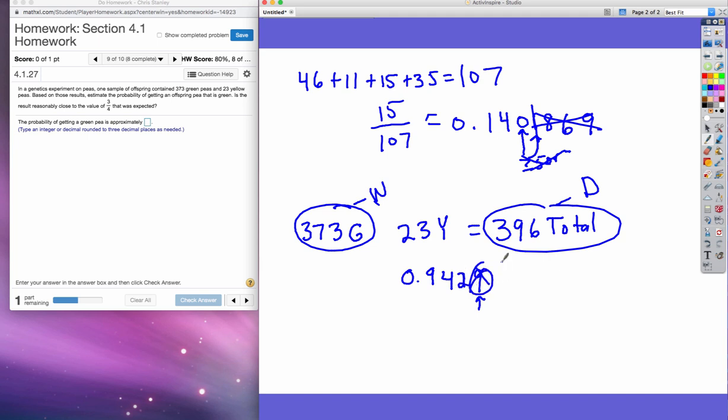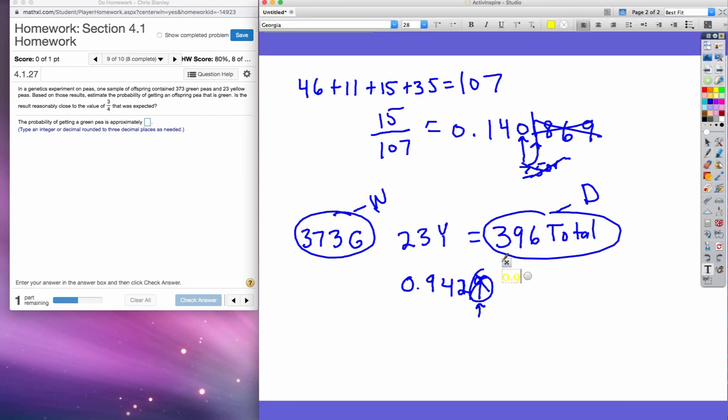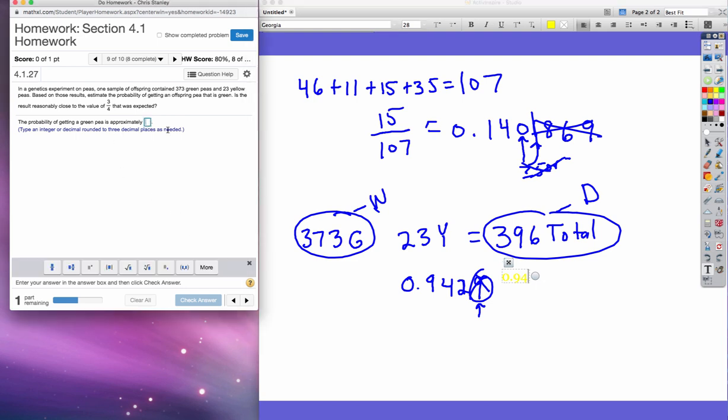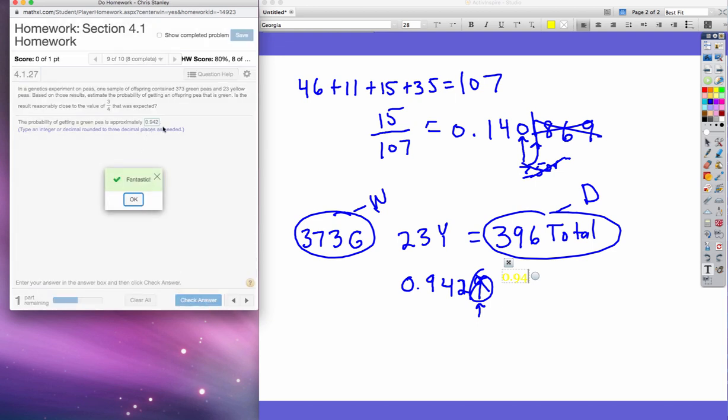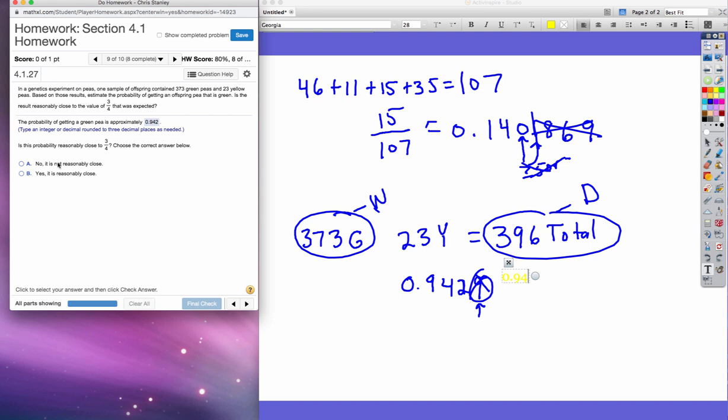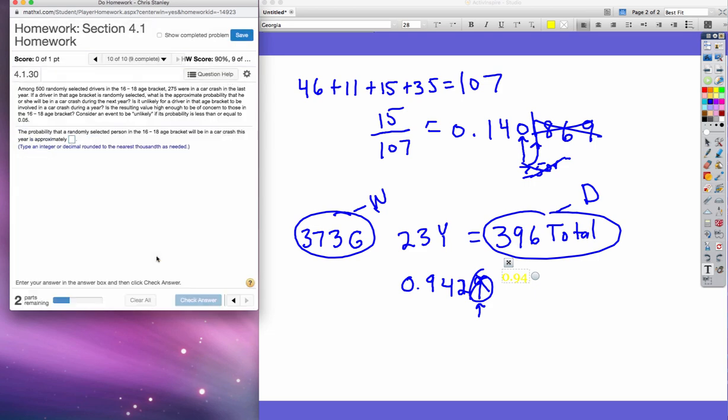So 0.942. Now, 0.942, they're probably going to ask a question about whether it's reasonably close. That's 94%, that's a half. I'd probably say no. It's nowhere near.